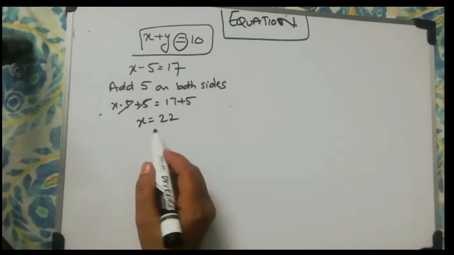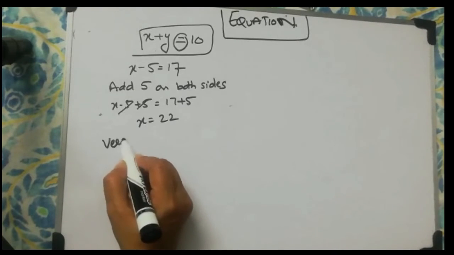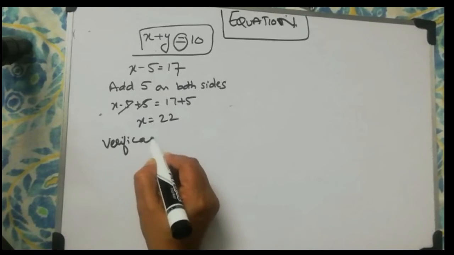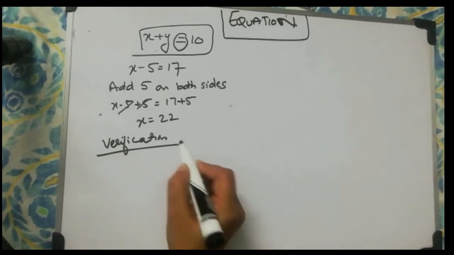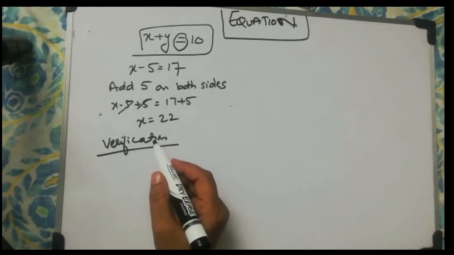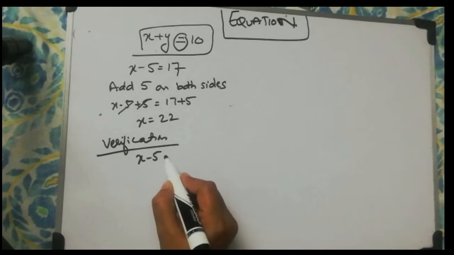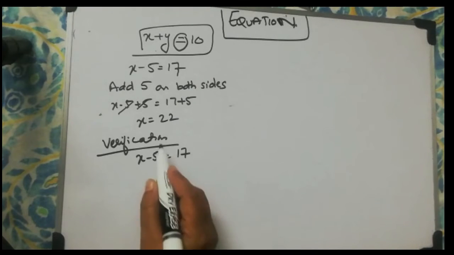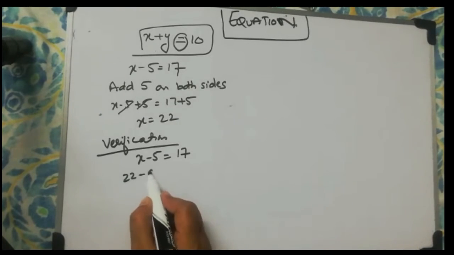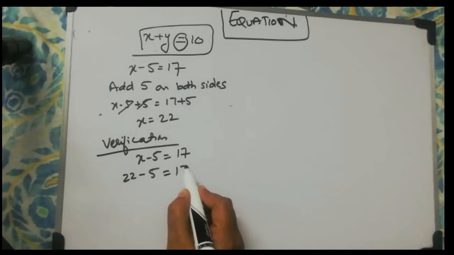Now, how to check? We can do the verification to see whether the value is right or wrong. This is the best way to solve the equation. जब तक आप verification नहीं करेंगे आपको पता नहीं लगेगा कि आपकी वैल्यू सही है कि गलत है. In this way you can get whether the answer is right or wrong. Now in place of x, 22 minus 5 is 17.